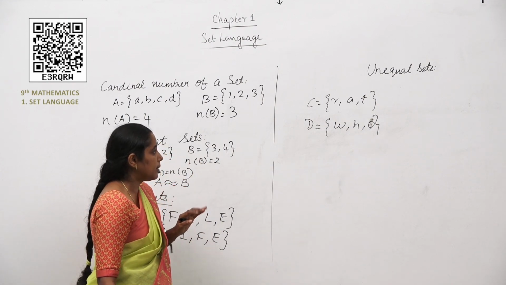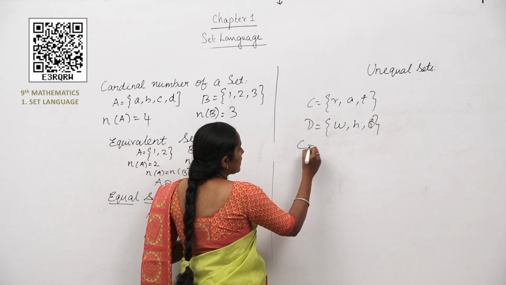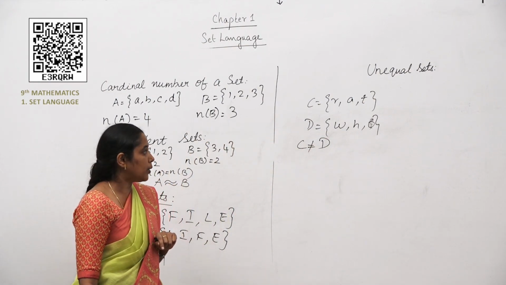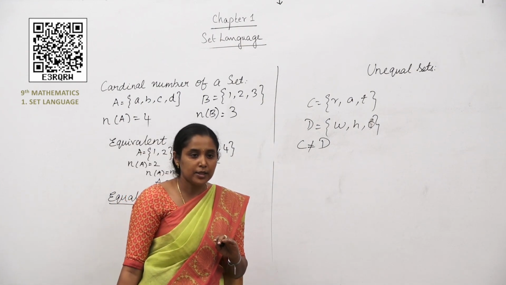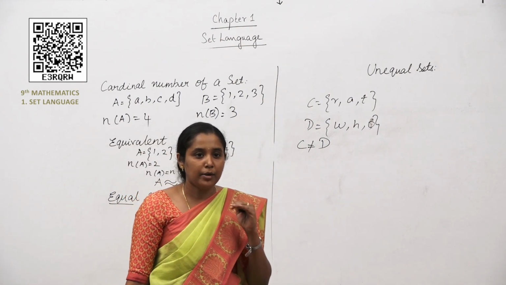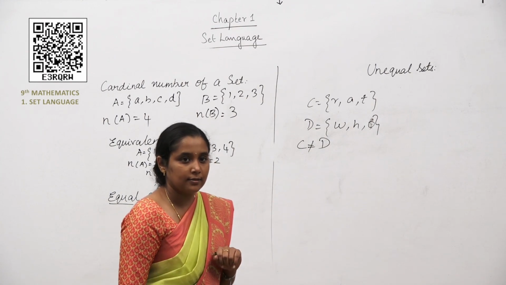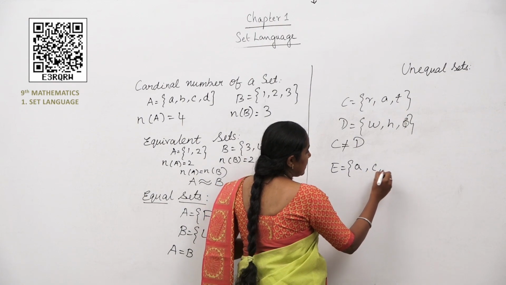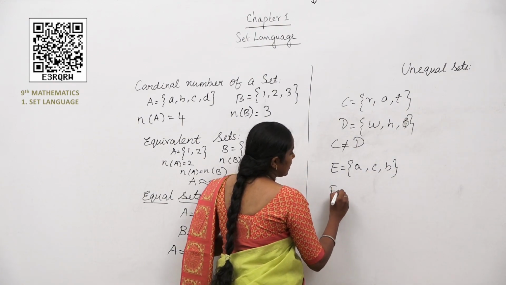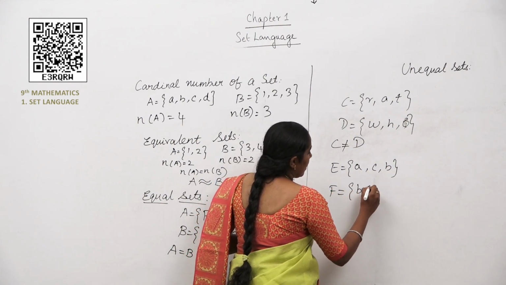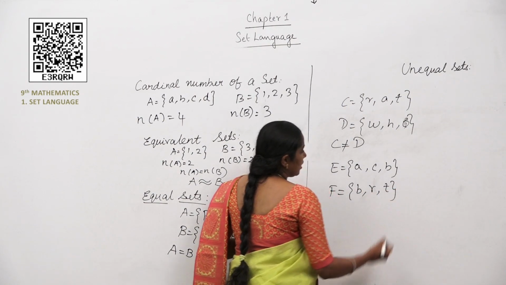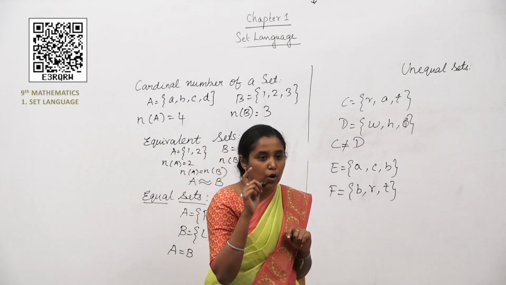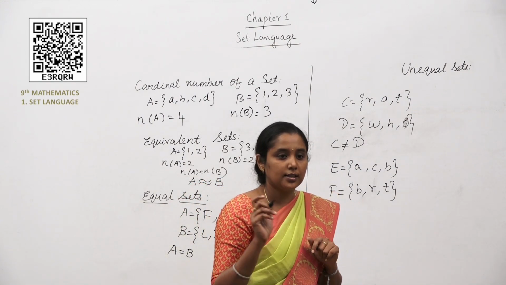The elements are not the same, so you will say it is an unequal set, that is C is not equal to D. Unequal sets means the elements will not be the same in both the sets. Suppose E is equal to {A, C, B} and F is equal to {B, R, T}. This is also an unequal set. Even if one element is not the same, it is an unequal set.